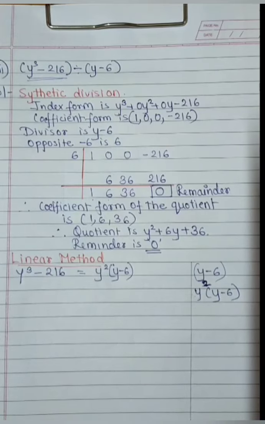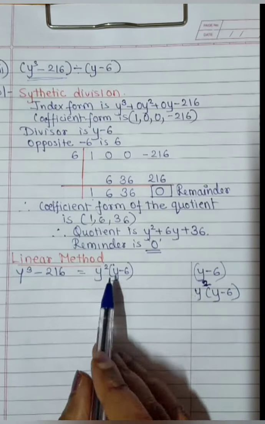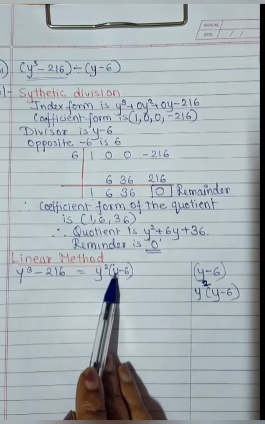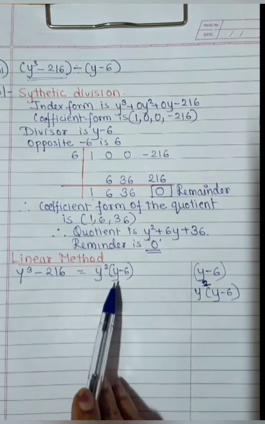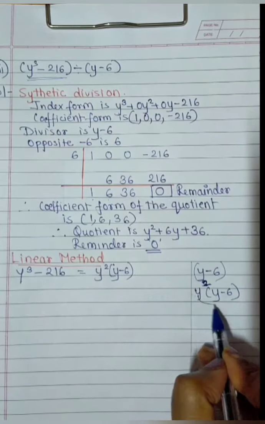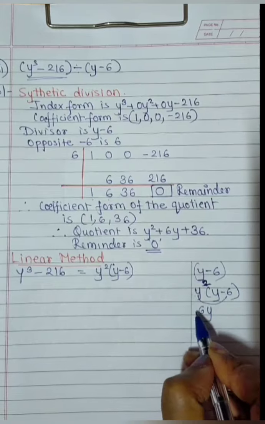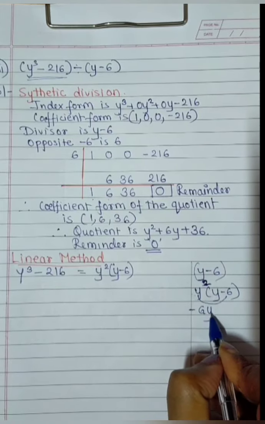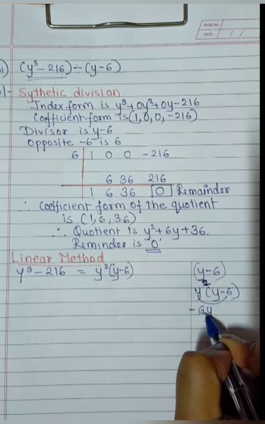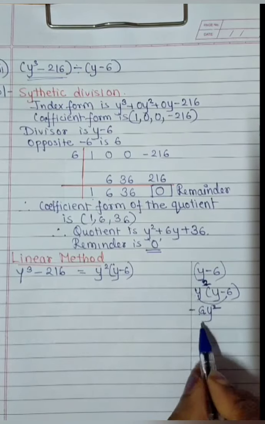Now the remaining, what is given? When we multiply both, we will get y cube. Now when we multiply with both, we will get 6y minus 6y. So we are getting minus 6y square, because it is square.